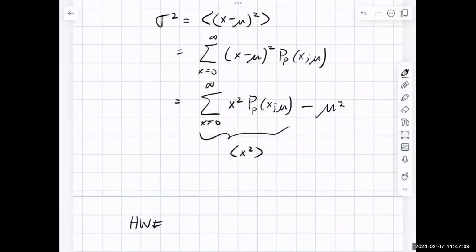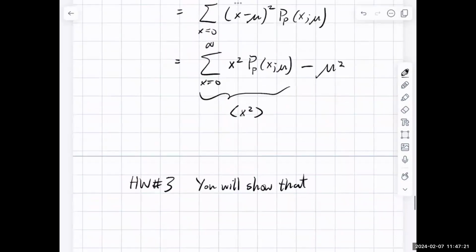So, homework number 3 when it comes out. It's not ready right now, but when it comes out, you will show that sigma squared is just equal to, let me see if I get the, yeah, that's right. That's what it should be. Sigma squared is just going to be equal to mu, or sigma is going to be the square root of mu.